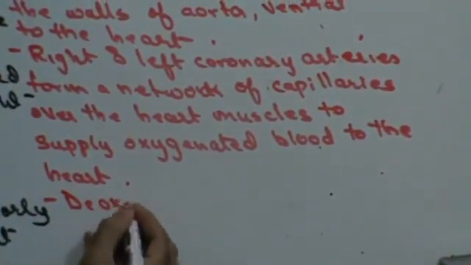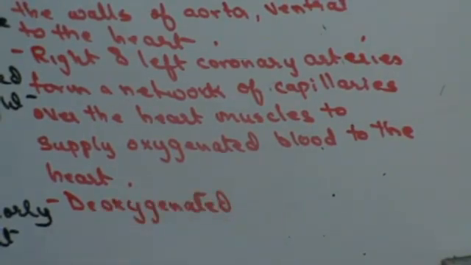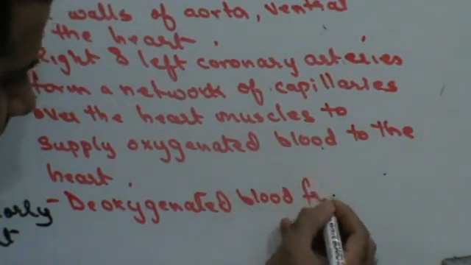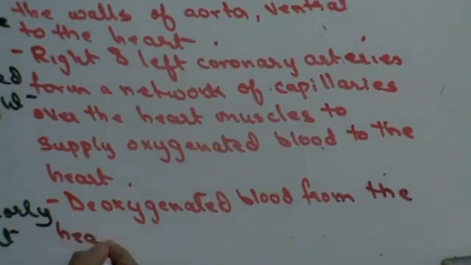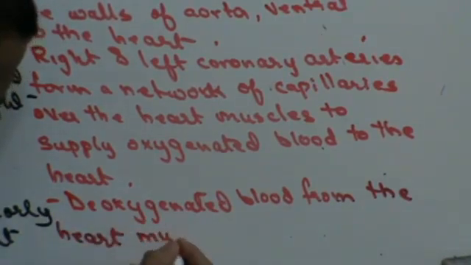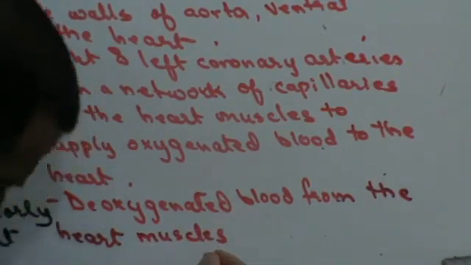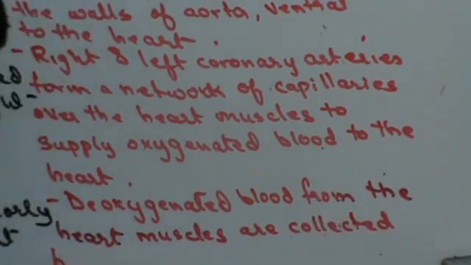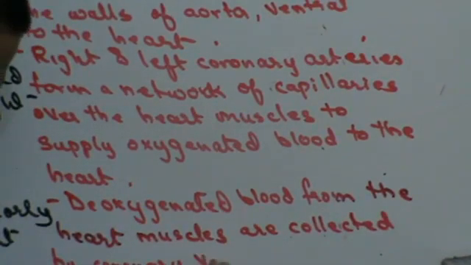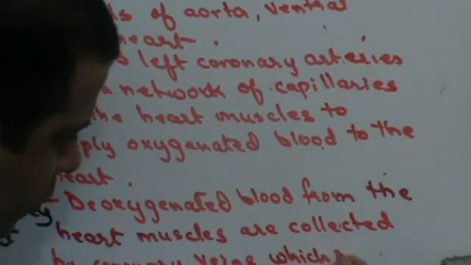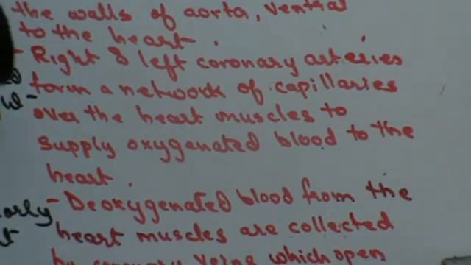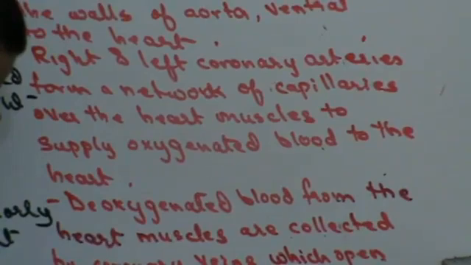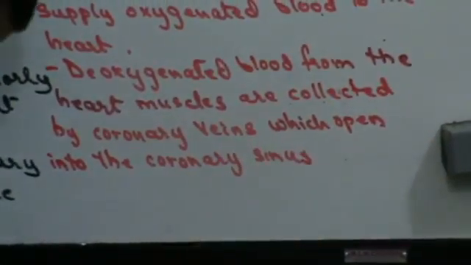So I can say that the deoxygenated blood from the heart muscles is collected by coronary veins, which open into the coronary sinus, dorsal to the heart.